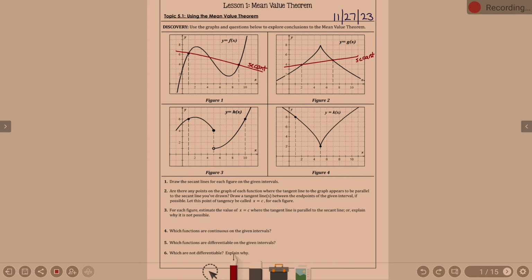Okay, figure 2. Notice we have 3 technical points here, yes? That one on the bottom is a hole. And so we're actually going to draw 2 secant lines in this case. Both secant lines involve the middle point. So we're going to use a secant line from 1, 6 to 5, 4.